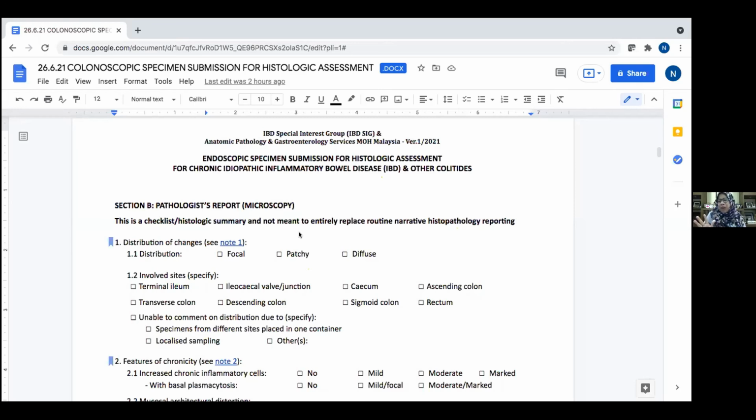So there's no right or wrong to it, but I would say 3 levels in 3 slides at least, if you're thinking of Crohn's disease, I'd say acceptable. Because in IBD, in colonoscopic biopsy, you're not talking about one slide.